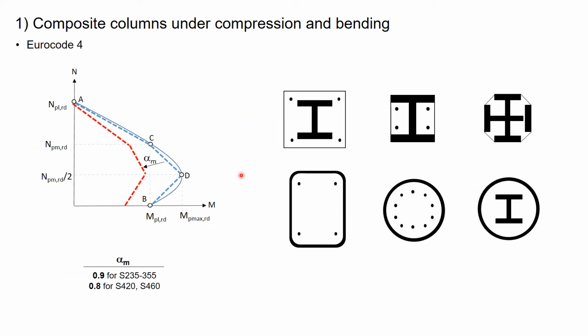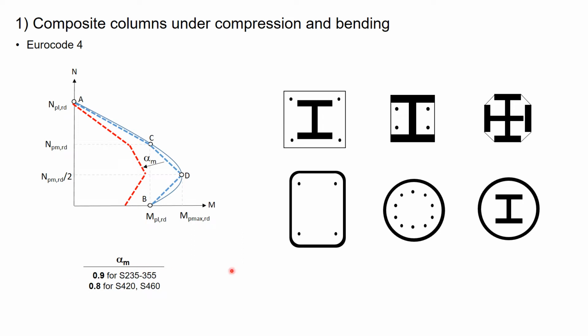So this method can be used for these following section types: concrete encased steel sections and partially encased steel sections, and then octagonal sections, and then tubes. Here we see a rectangular tube, a circular tube with reinforcement and without a profile, and here a circular tube with concrete and steel profile inside. So for all of these sections, we can use this approach when the column is under combined bending and compression.